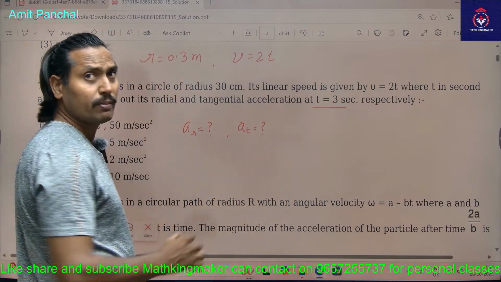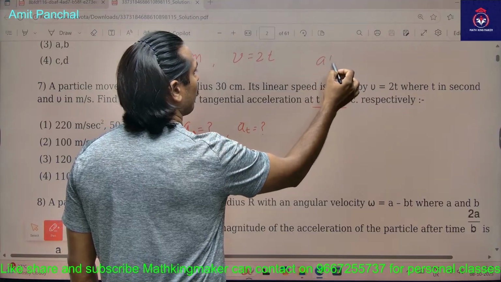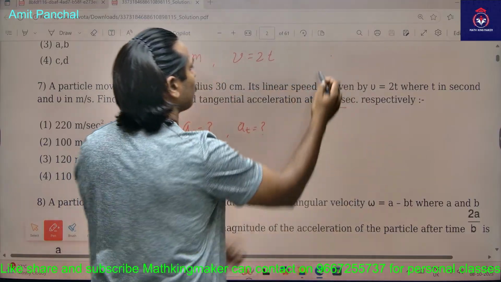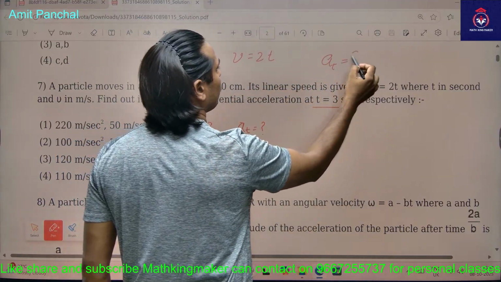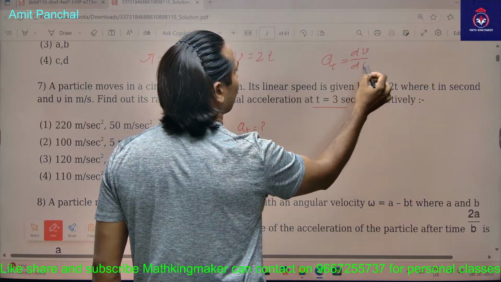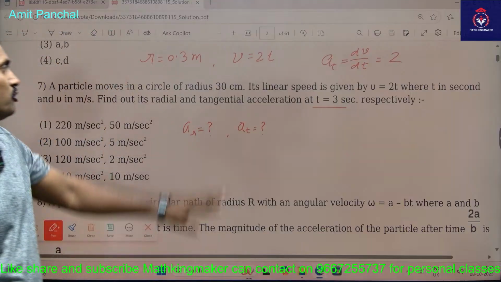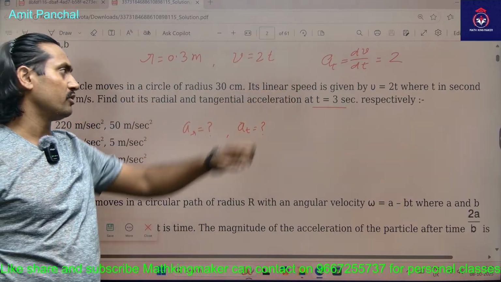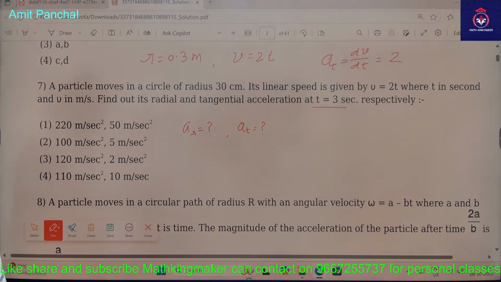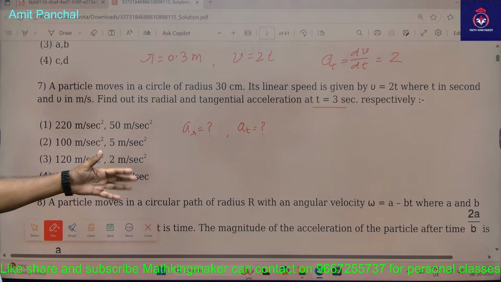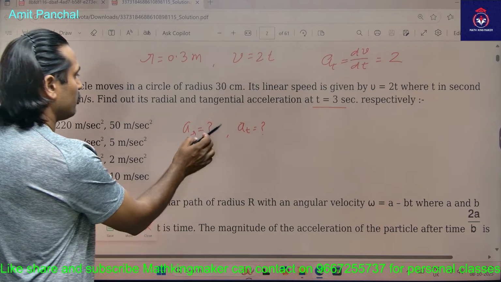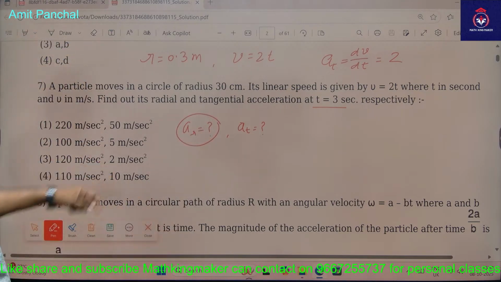What is AT? AT is dv by dt. If you differentiate 2t with respect to t, you will get 2. You also need to find the radial acceleration, because 2 is the option only in the third option.